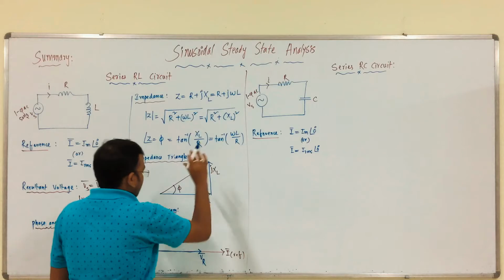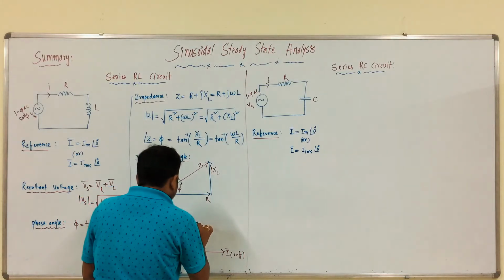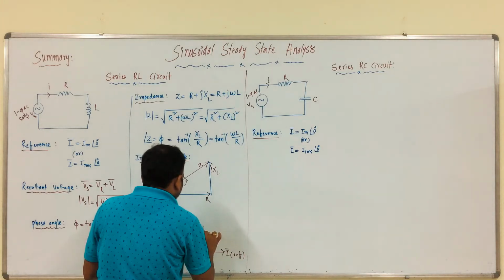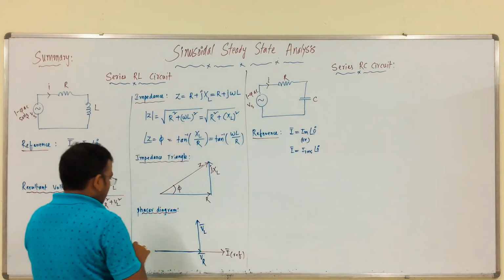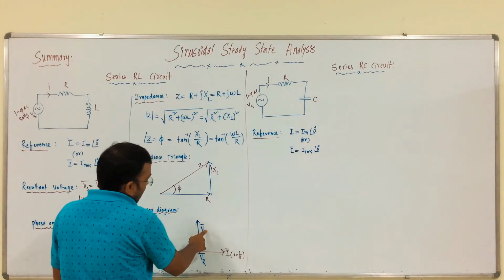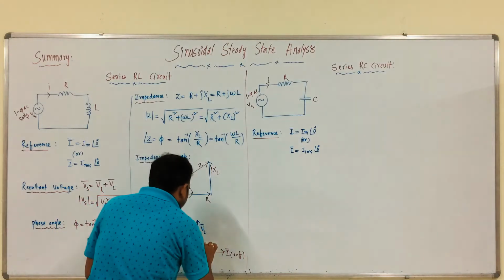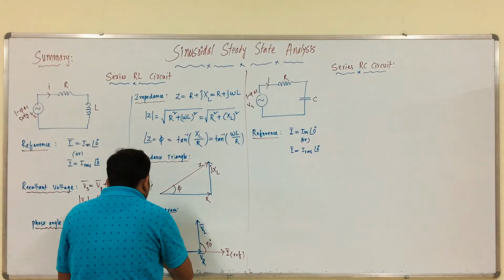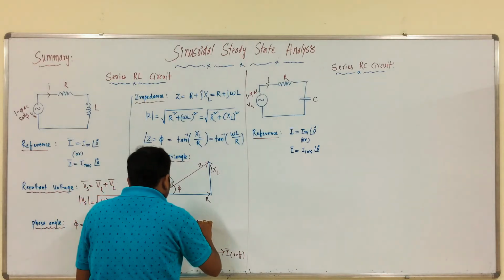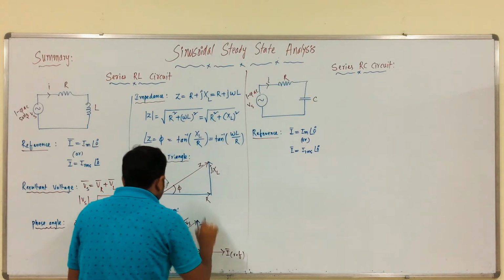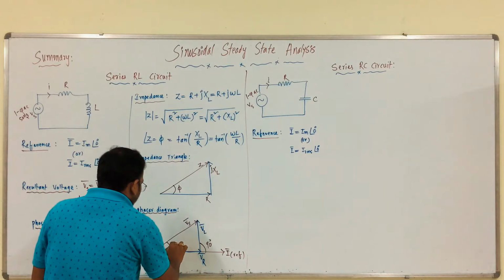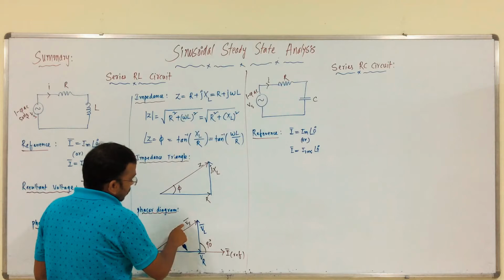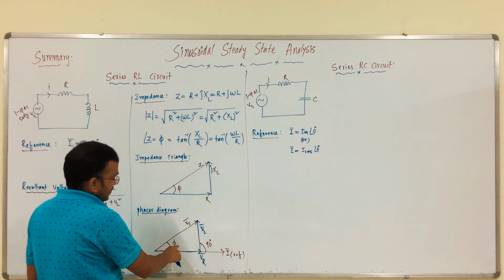Then we have this, VL. The voltage across an inductor leads the current by how many degrees? 90 degrees, satisfied. Then we have the resultant voltage. This is Vs, right? This is phi.